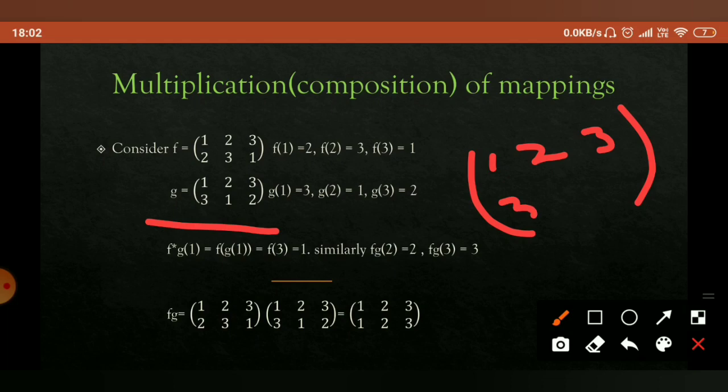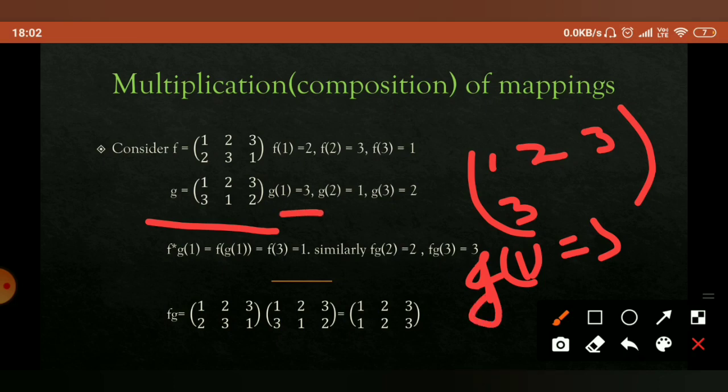Like here it is 3, so that means G of 1 is 3, G of 2 is 1 and G of 3 is 2. So we have seen how the elements are attached, and we have written the images.